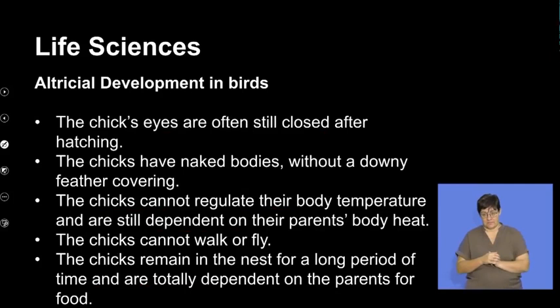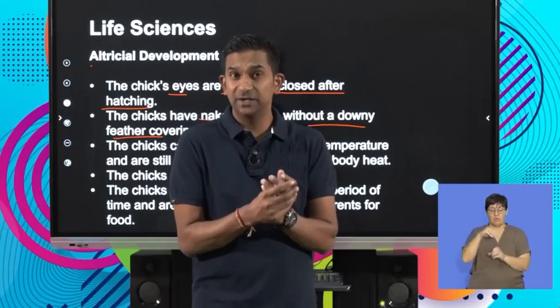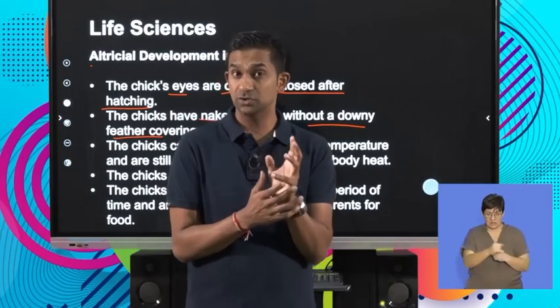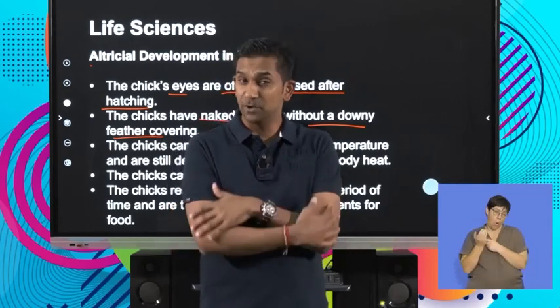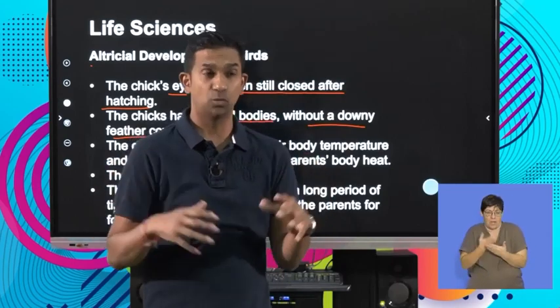Okay, so you'll find that in altricial development, the chick's eyes are often still closed after hatching. The chicks have naked bodies without any down feathers on them, so their bodies haven't developed fully in the eggs. Their eyes are still closed, their bodies are exposed, and so they often require their parents to keep them warm.